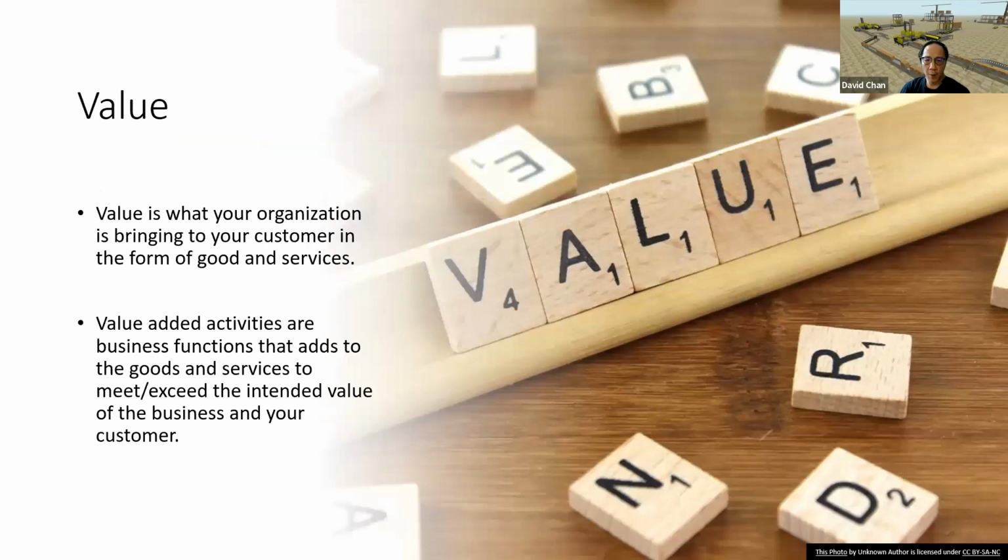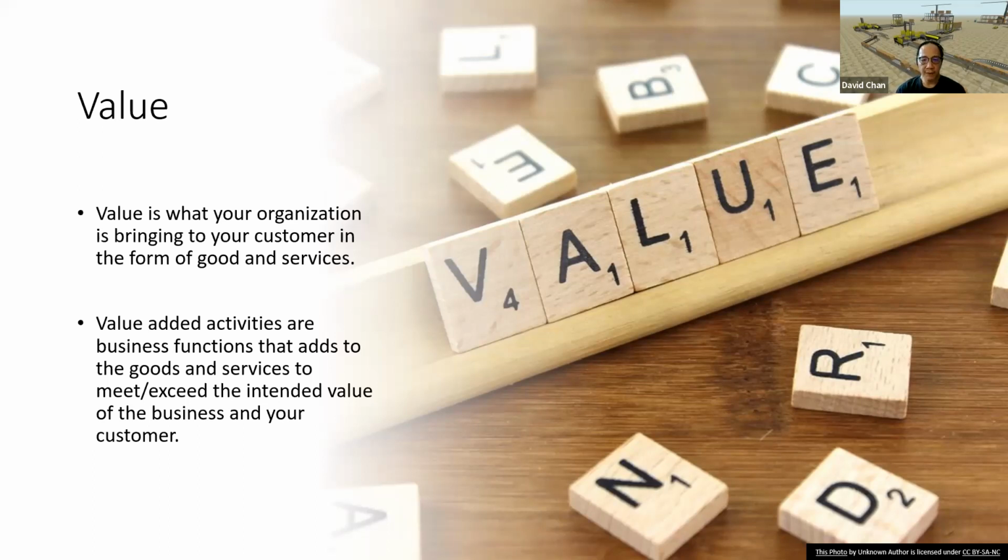The other thing about Lean is talking about value. Value is what your organization can bring to your customer in the form of goods and services. All right, so for example, if you have a mobile phone, the value of the mobile phone is that you can call out to somebody.